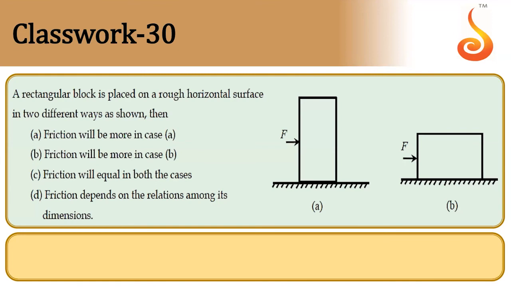Friction between the two surfaces does not depend on area of contact, right? So in both the cases, it will be equal. Must be option C. Friction depends on only nature of surfaces, so it doesn't depend on area of contact.